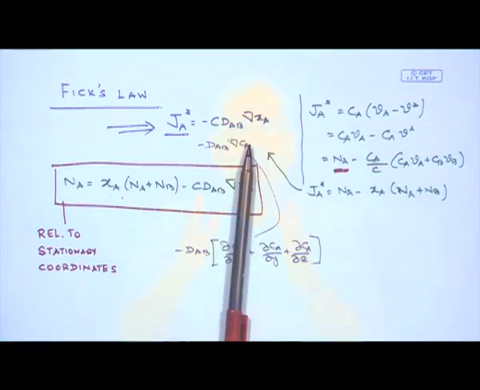As I said, the species A can move from point A to point B if there is a bulk motion. There may not be any difference in concentration. So, a constant concentration sugar solution may be allowed to move from point A to point B by imposing a pressure gradient.